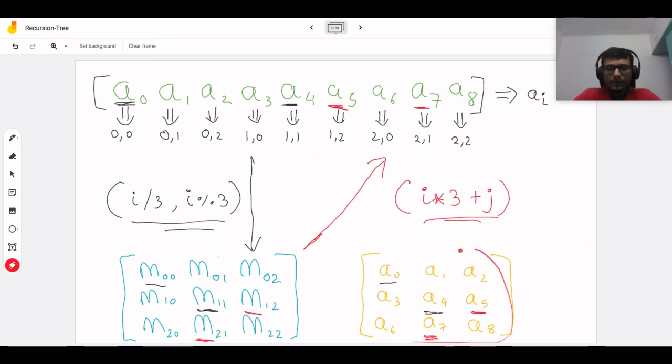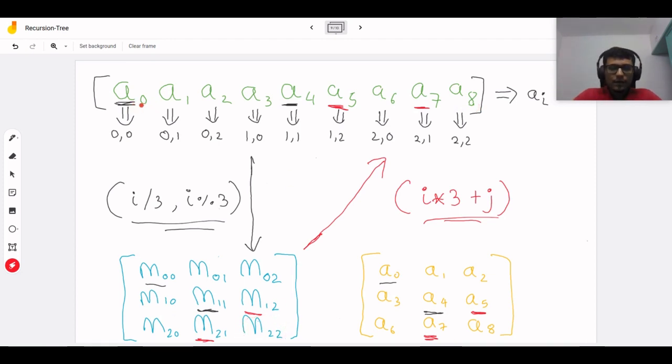For arranging them, we need some form of mapping, that is A0 should map to M of 0, 0, A1 should map to M of 0, 1, A2 should map to M of 0, 2, A3 should map to M of 1, 0, and so on. A8 should map to M of 2, 2.